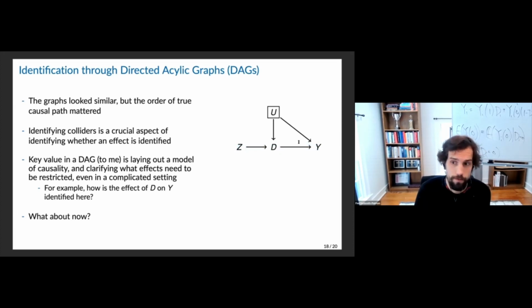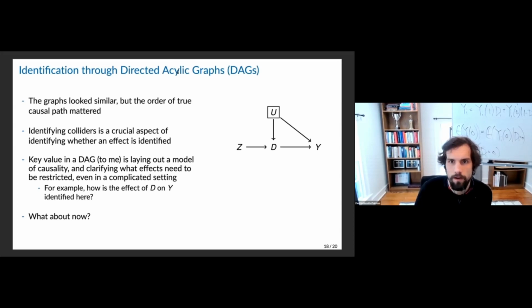It's an unobservable that's affecting both. The question, of course, is this identifiable? Z has no impact because it's just upstream from us. Effectively, under this setting, from what we've talked about so far, this is not identified. We can't identify the effect of D on Y.